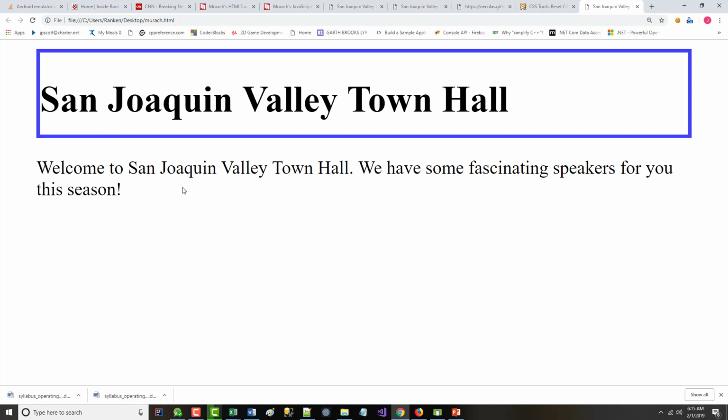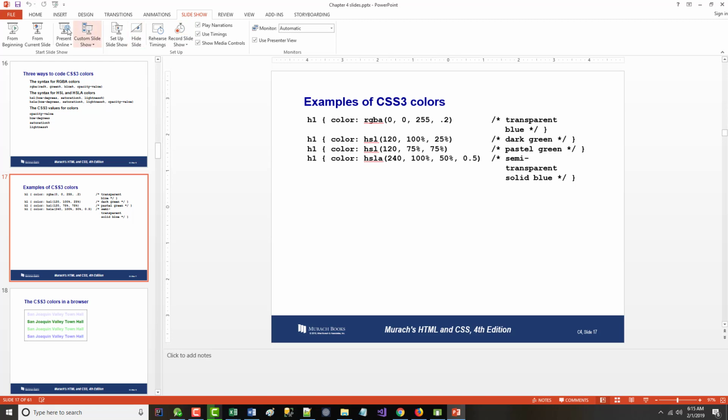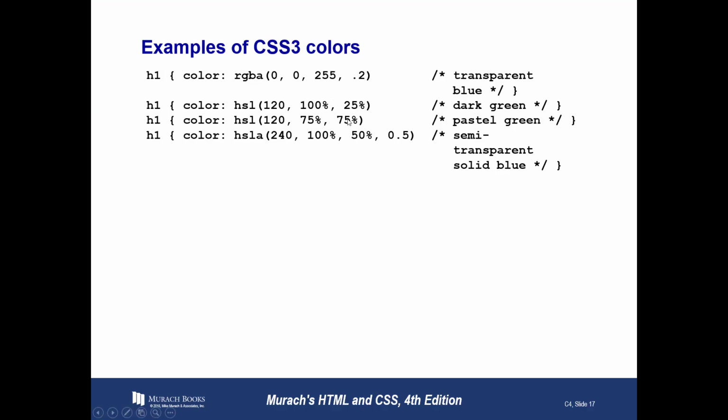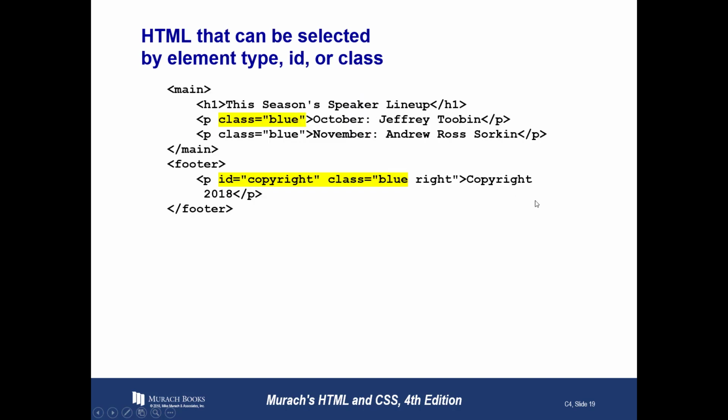And you can apply this alpha or this opacity to anything. You can apply it, as I just showed you, to borders, to H1 tags, to paragraphs, whatever you want or need to do. Sometimes people do this for effect on pages. They give you some examples there and how it will look in the browser.